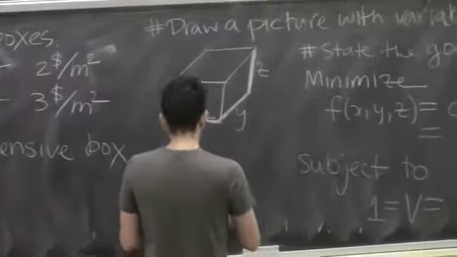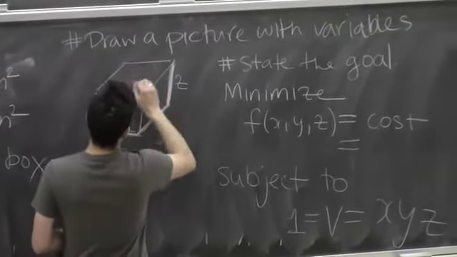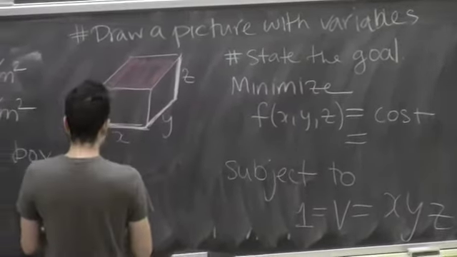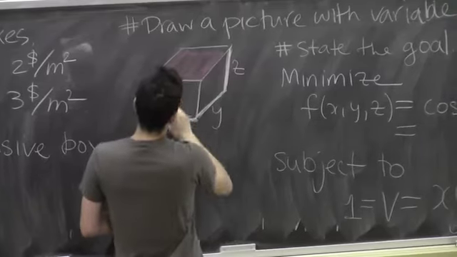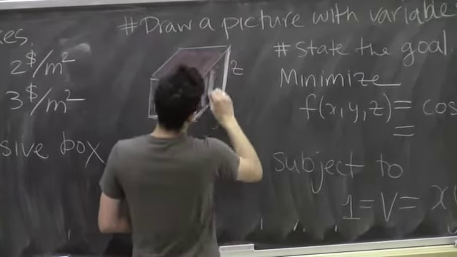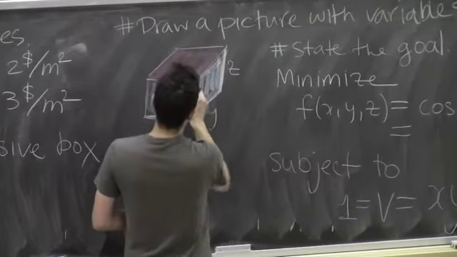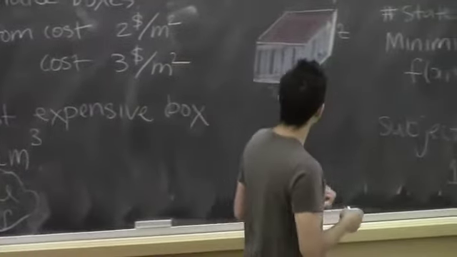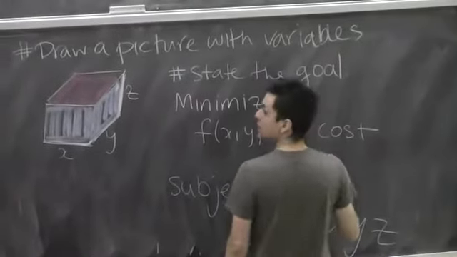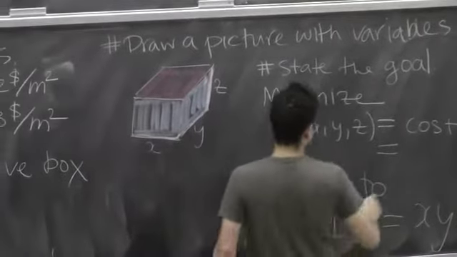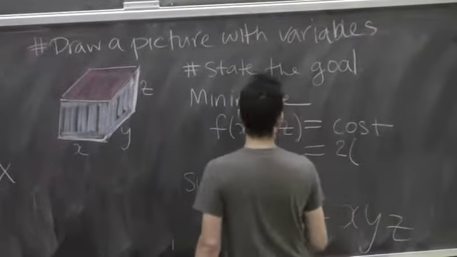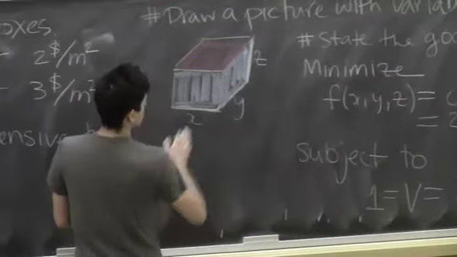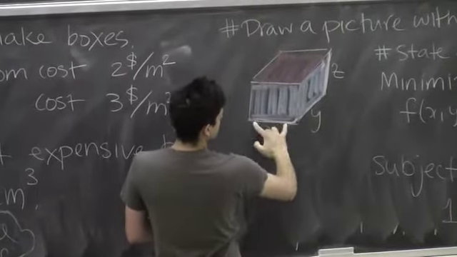So this top and bottom cost one amount, and then the sides cost some different amount. So the top and bottom, that will be $2 times 2xy. Right? We've got the top here. It's got dimensions xy.